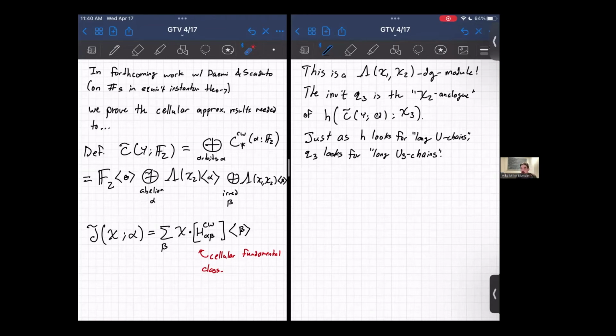Just as H looks for long U chains and counts how many of those it can find, Q3 looks for long U3 chains and sees how long a chain it can find.